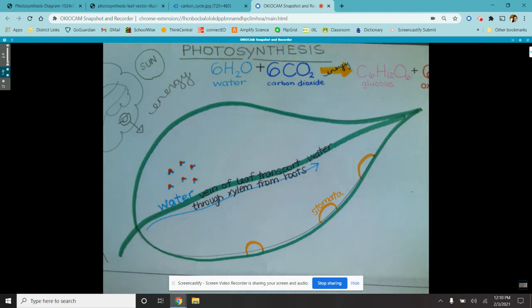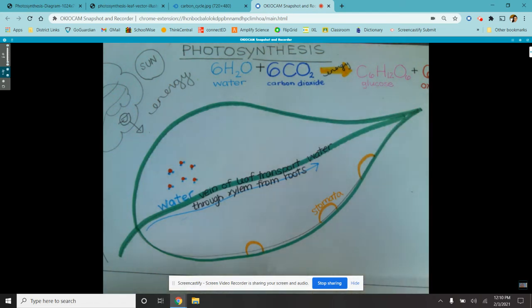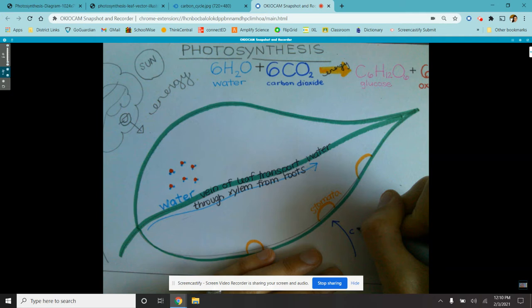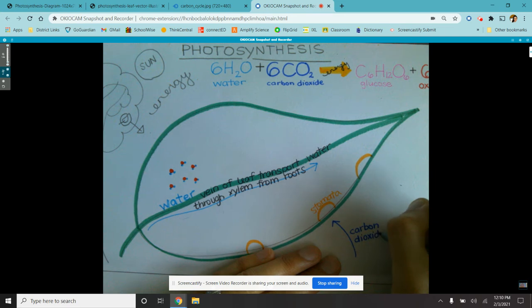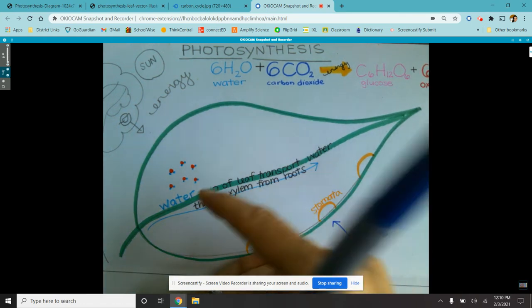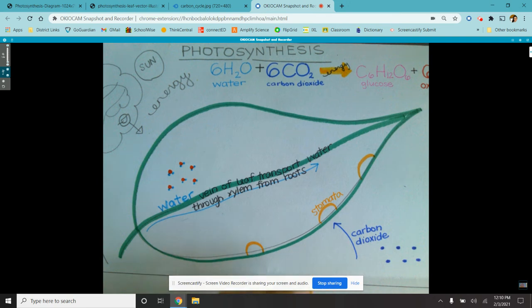And in comes carbon dioxide. Our carbon dioxide comes in, and carbon dioxide is CO2. So we have 6 carbon molecules. So I'm going to, again, do my 6. 1, 2, 3, 4, 5, 6.